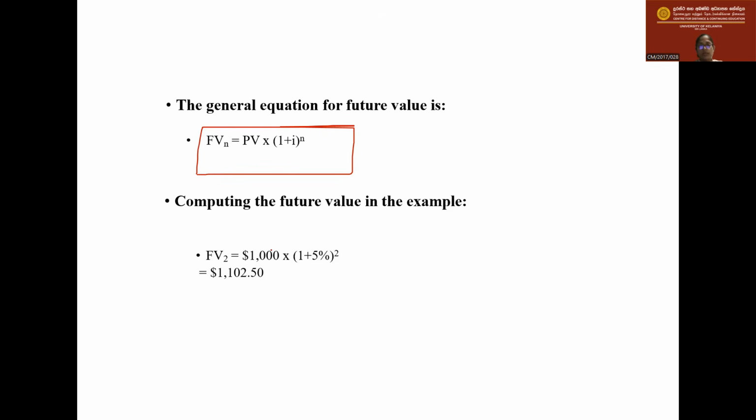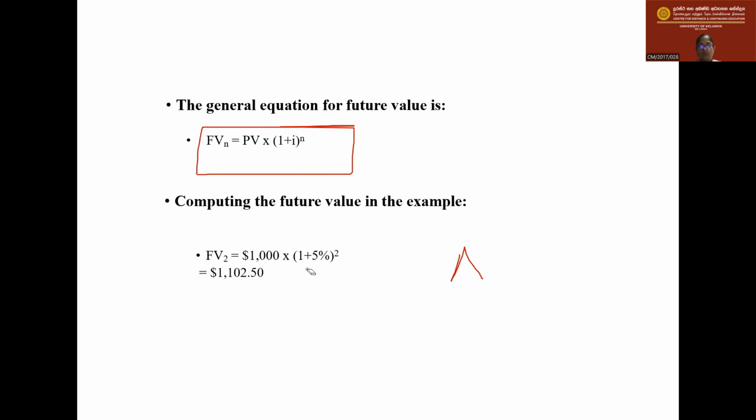Take your calculator and obtain the value first. Press 1 plus 0.05, then press the equals sign, and you get 1.05. Take the power button, you can see the symbol on your calculator. Press it, then press 2.